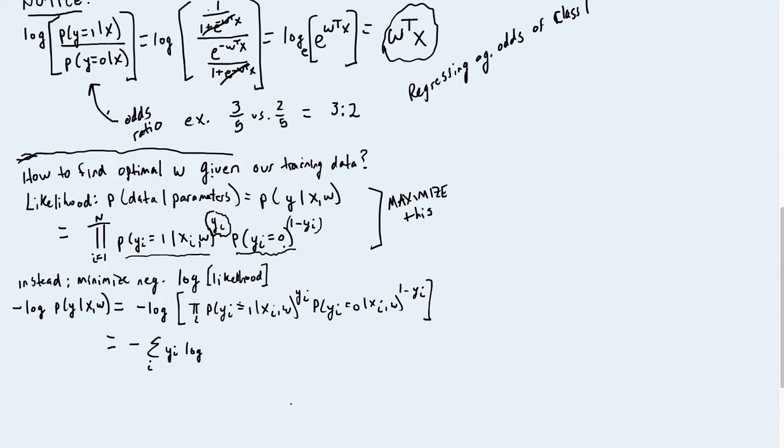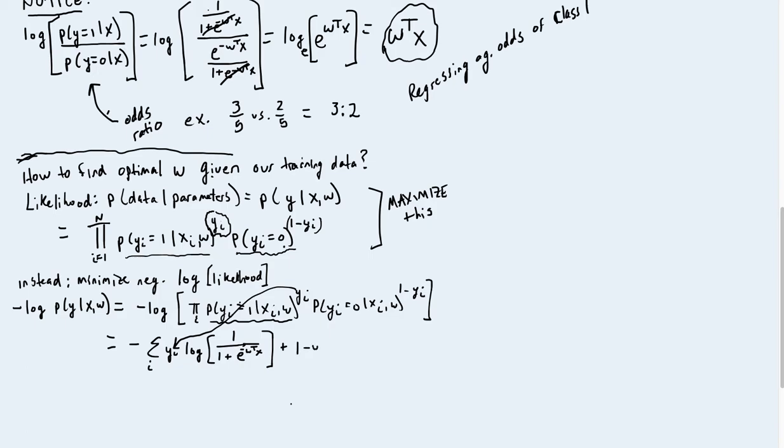So yi log of 1 over 1 plus e to the negative w transpose x. So notice that in addition to using the properties of logs, I'm actually plugging in what this value is. And remember, we defined that above. Plus, and I also brought down the exponents. Notice when we took the log, we bring down the exponents.